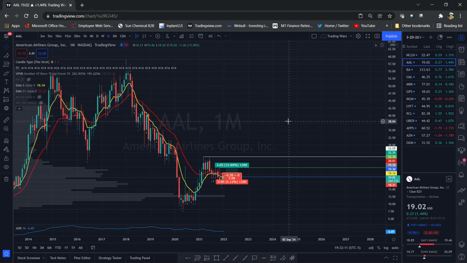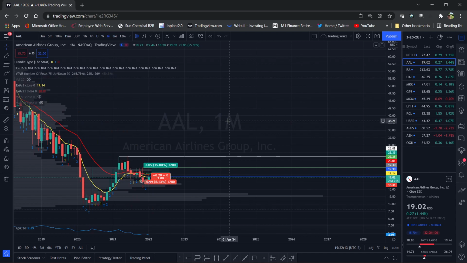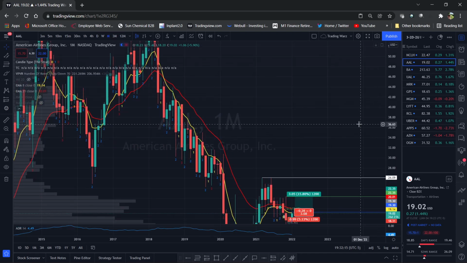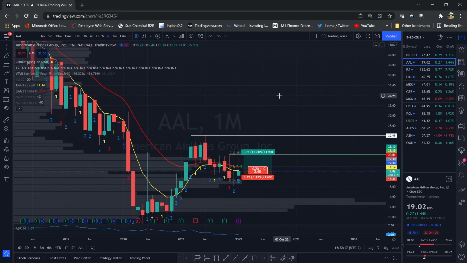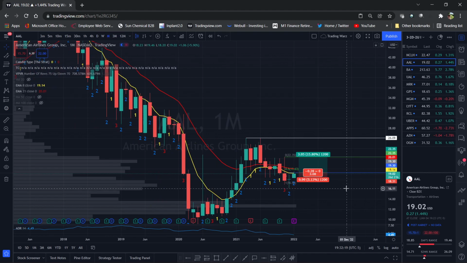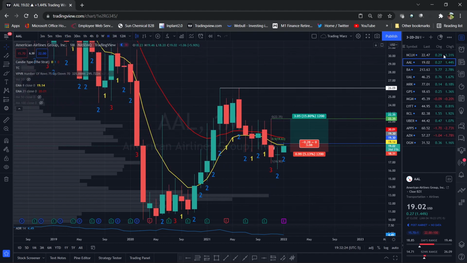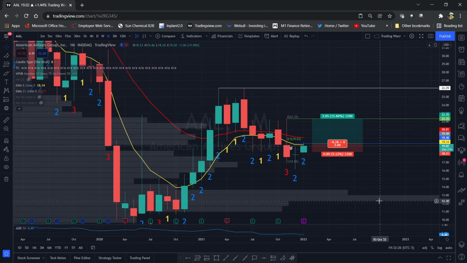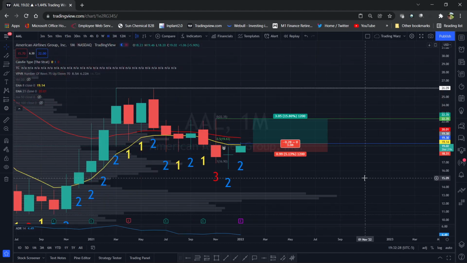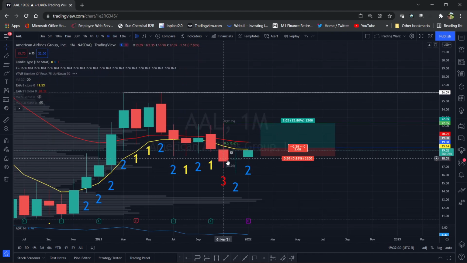All right, so the next one that I'll shoot through that I liked is American Airlines. Pop this in here. Again, very similar as you can see. You see the 3-2, the 3-2-2. This one actually did hit my target, but then it pulled back.